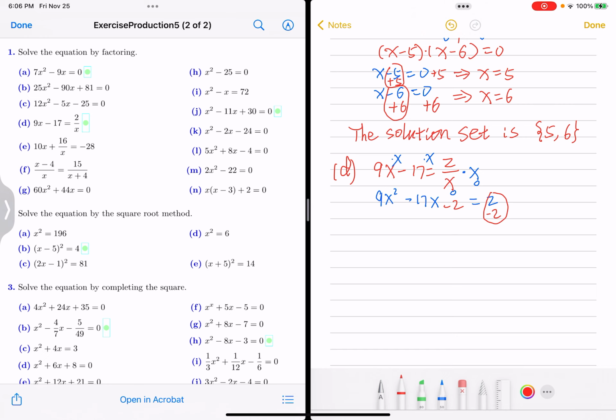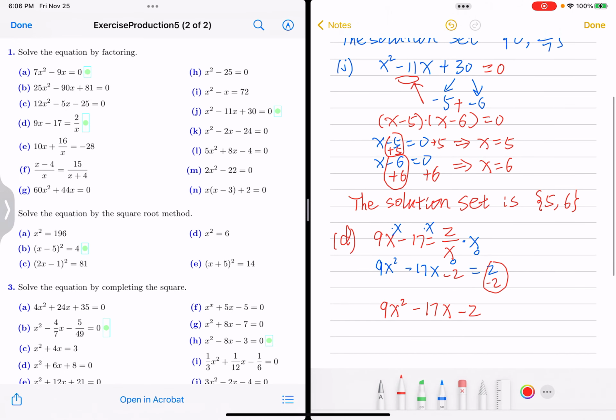Okay. Now the business now is how to do the factoring. Now let's see how to do the factoring. 9x squared minus 17x minus 2. Remember, here the coefficient is 1, and here the coefficient is 1.